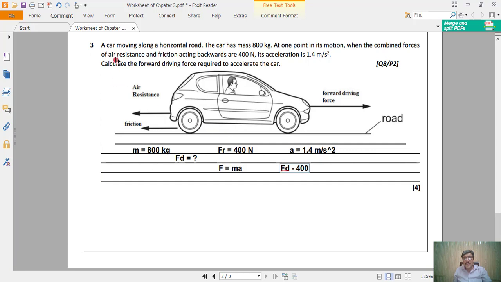Which one? That is air resistance and friction. So it is equal to 800, which is the mass, multiplied by 1.4, that is acceleration.